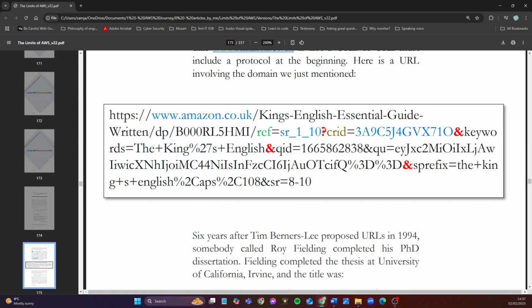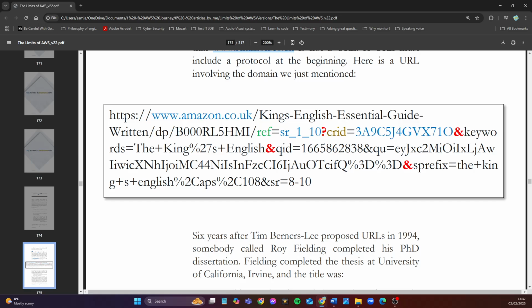Of course, King's has an apostrophe before the S, so in this URL it becomes king%27s. So %27 must be used to represent an apostrophe, and we use this plus character to join up all the terms.